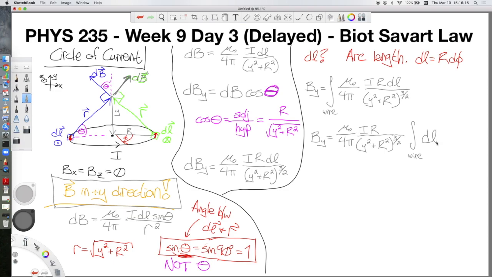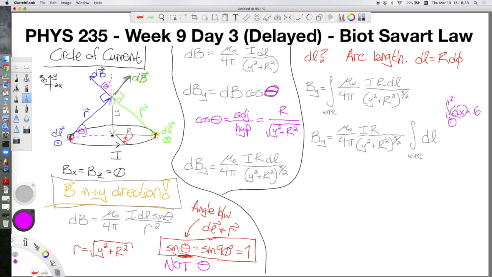So when you have an integral like this, for example, the integral of dx from, say, 1 to 7, this just ends up being 6. So it's the amount of total x that you cover going from 1 to 7.